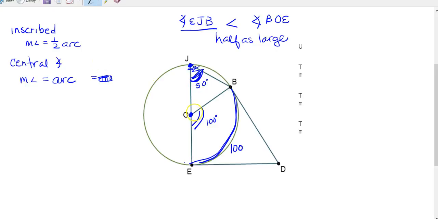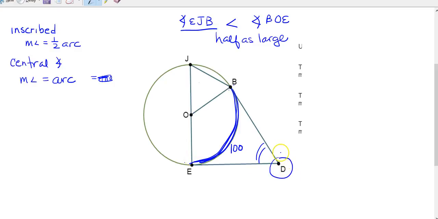Now, if I know what angle BOE is, then how do I find the measure of this angle here, angle BDE? It says the measure of BDE is blank minus. Okay, so let's erase some of these other values here. We already know what this arc is here. We know that this is 100, right?